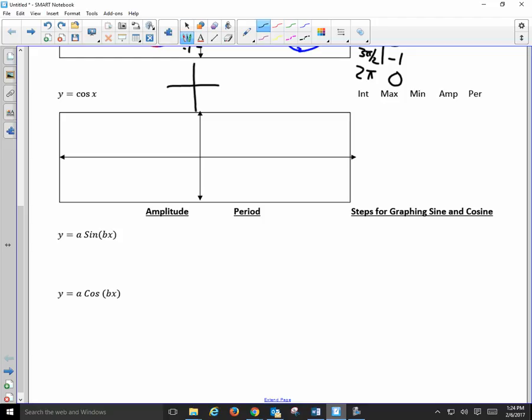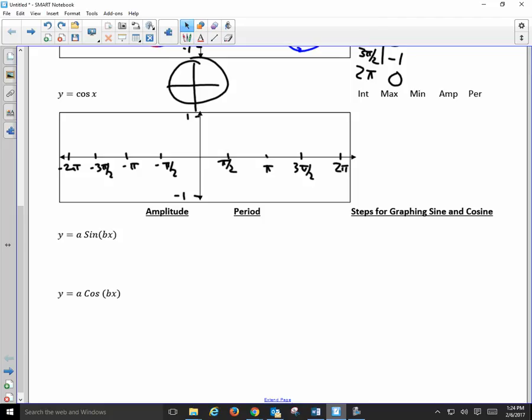Another unit circle, circle of life. Cosine of x. I divide it up again into 2 pi. Cosine of 0.